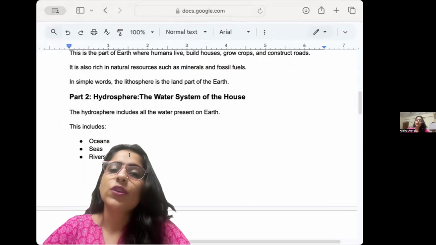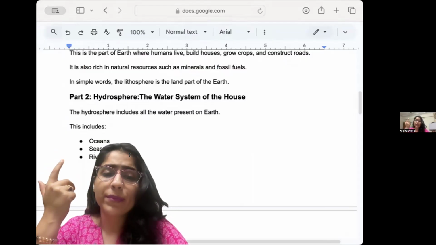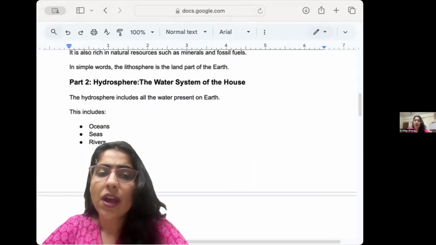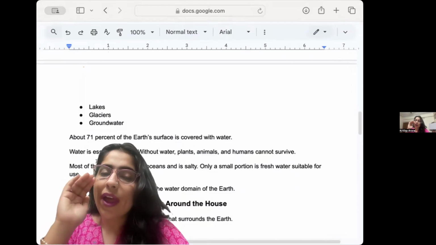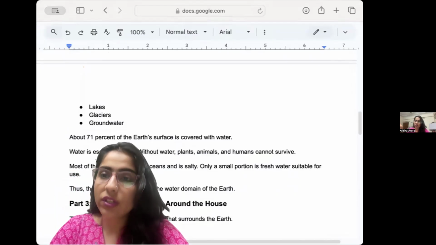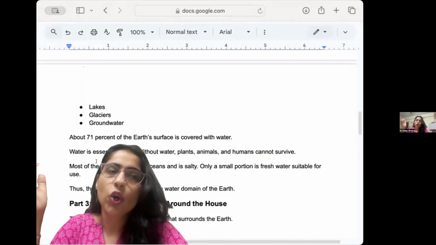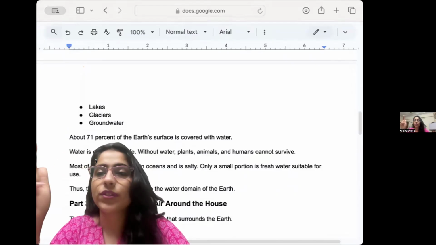So again, the hydrosphere includes all the water present on the earth. Now it can be rivers, it can be oceans, it can be seas, okay, lakes, glaciers, groundwater. So everything that is the water part, or I would say the component of the earth, is basically hydrosphere.